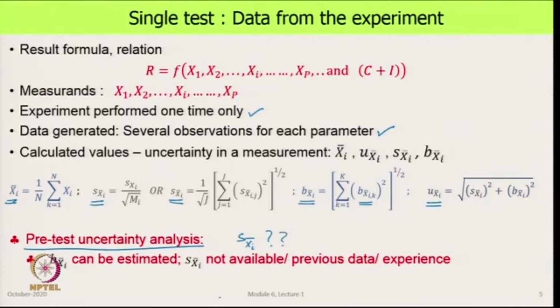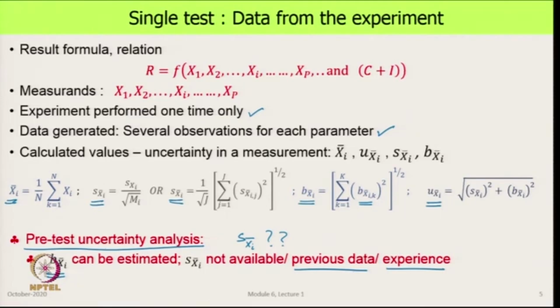Either we estimate it based on our experience, or if we have some idea of previous data, we can adopt it from there. It is after all a pre-test uncertainty analysis stage where we are using these as nominal values. But the systematic standard uncertainty, we have enough information and data to calculate that.